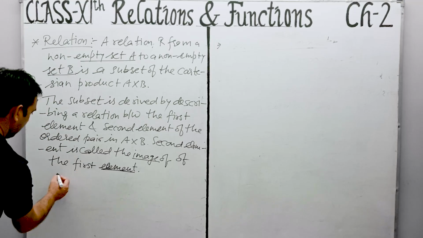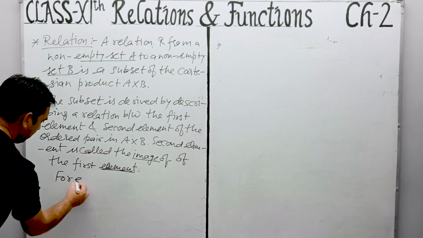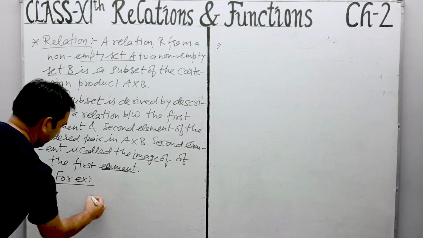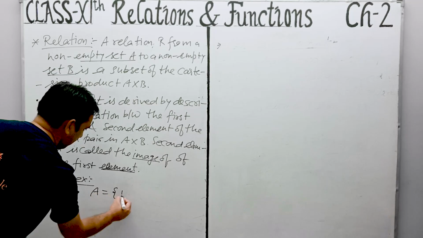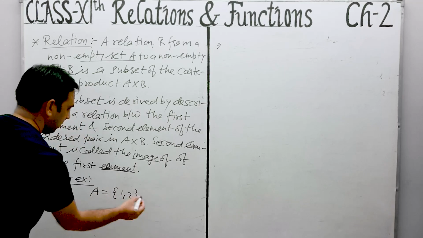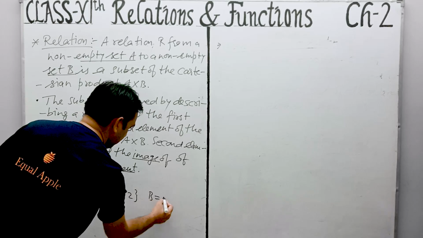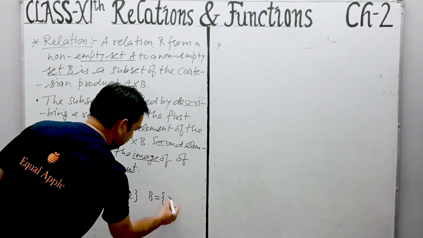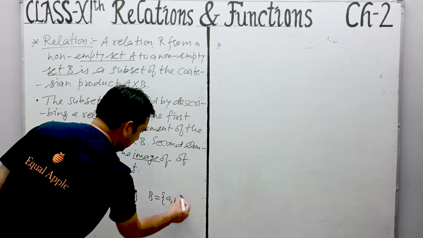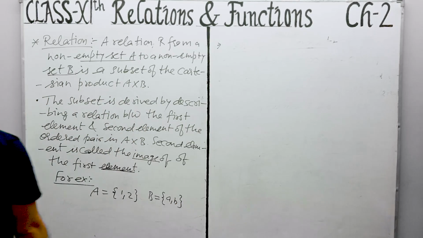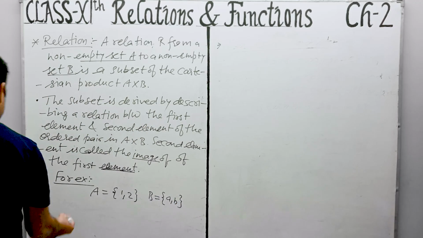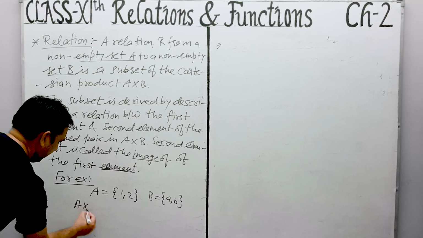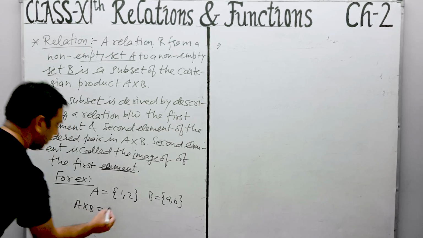For this I am taking one example. For example, if we have two sets, A with elements 1, 2 and B having elements a, b, we can form the relationship between them by A cross B, the Cartesian product.